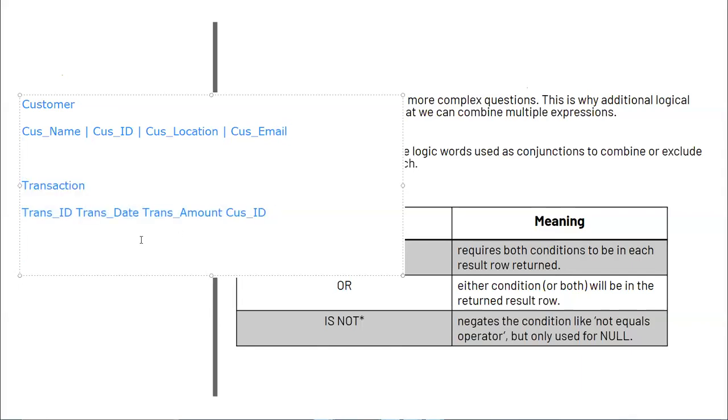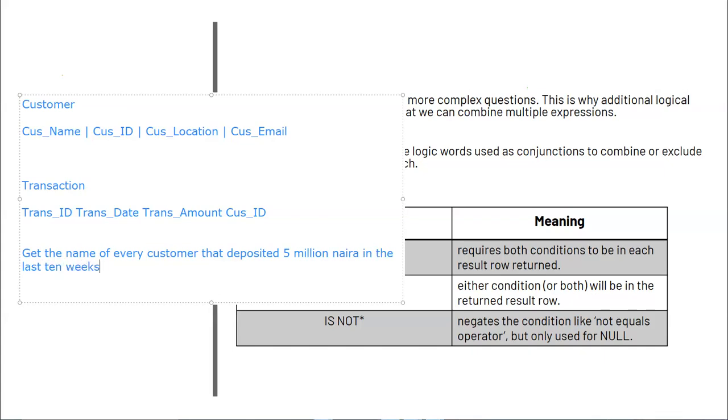Let's say you are a BI analyst or a data analyst working in a bank, and your boss tells you, get me the name of every customer that deposited 5 million naira in the last 10 weeks. Now, this is a question we can ask from this very small database we have.